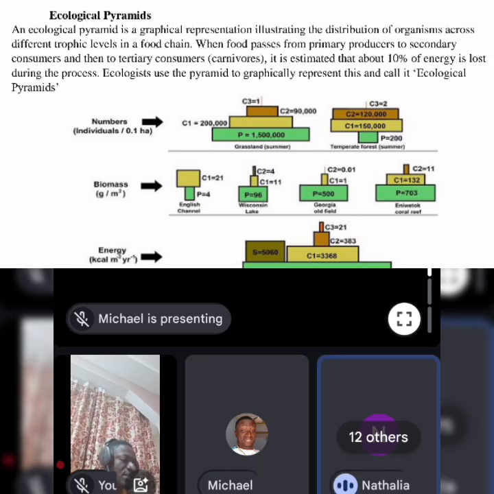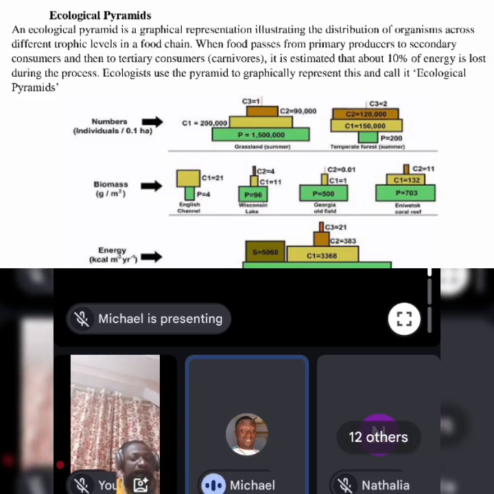That is what we refer to as an ecological pyramid. So we are representing such factors in horizontal or regular stacks, whereby every stack will represent a stage or a trophic level.